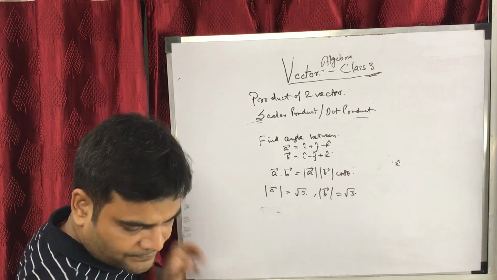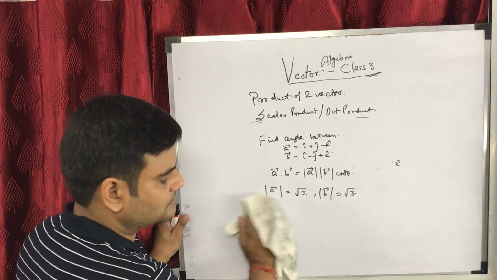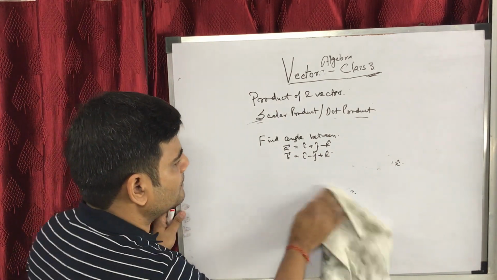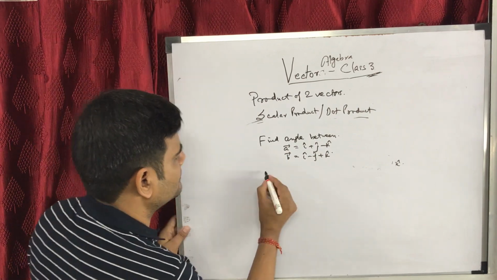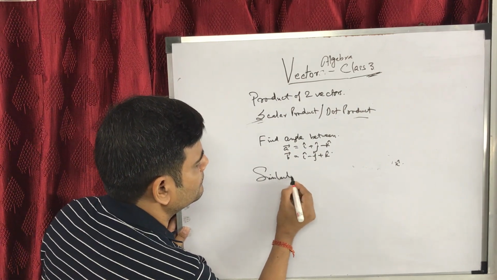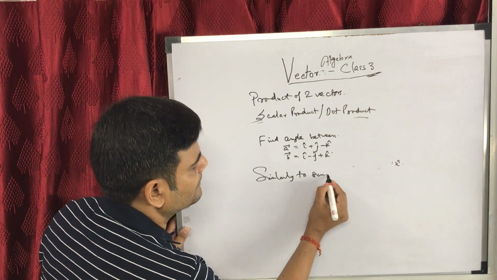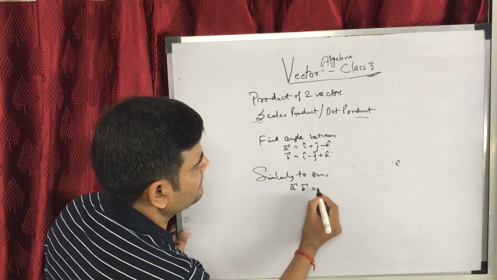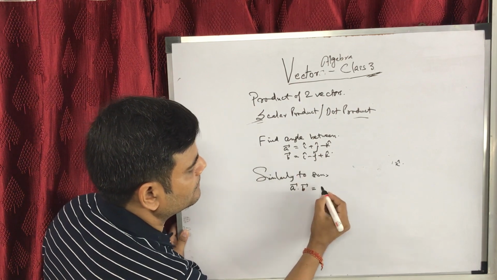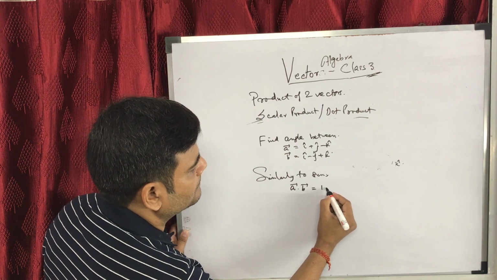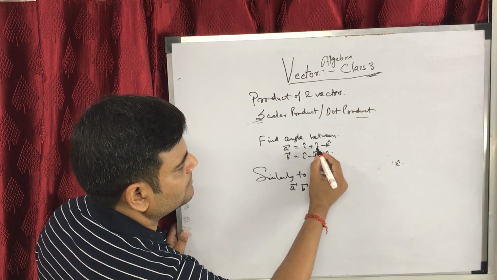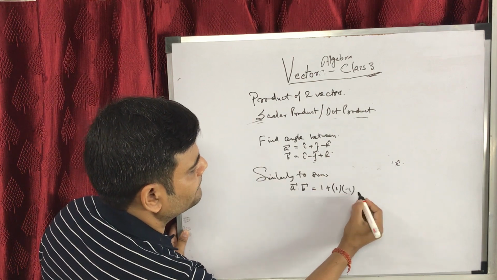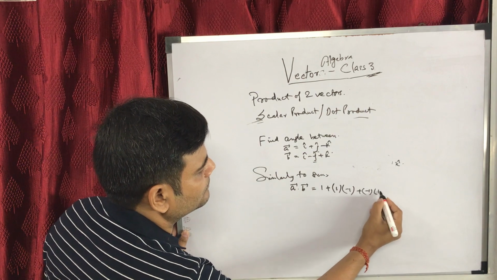Let me rub all this. And another thing, remember, dot product is similar to sums. Let me write this. A dot B is equal to multiplication of i into i, that is 1, plus multiplication of j components, that is 1 into minus 1, plus multiplication of k components.